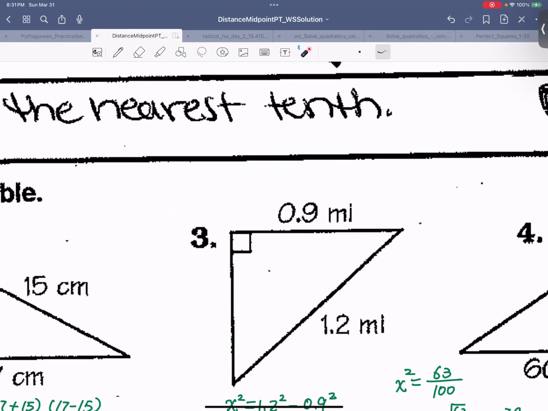Go do the calculation. Do this on your paper. Right triangle, 90 degrees. So that side squared plus that side squared equals the hypotenuse squared. Go ahead. Do your calculation. How much is your answer?